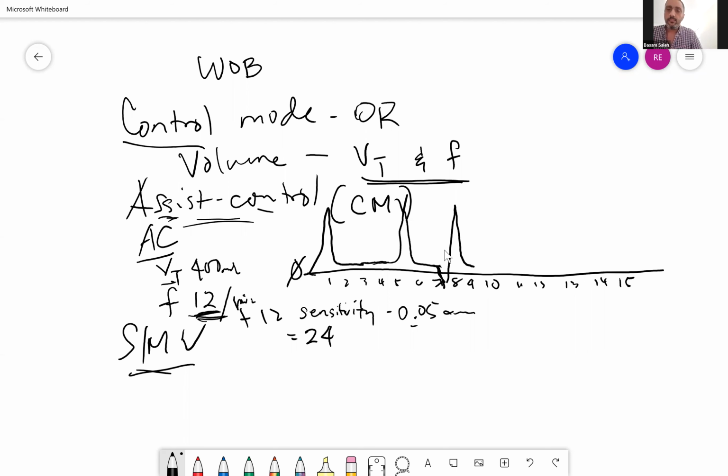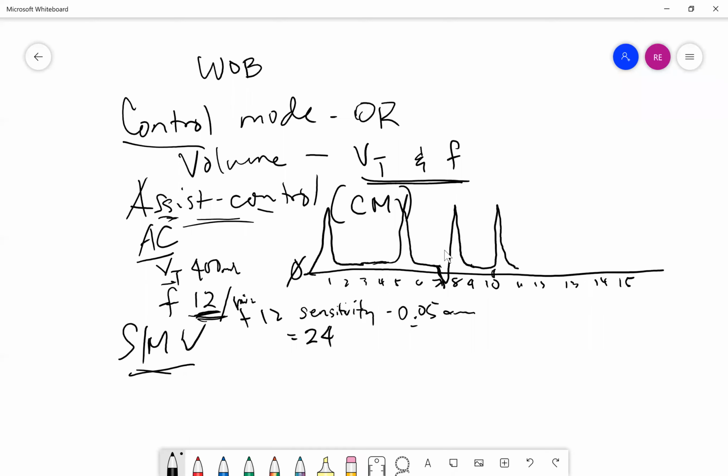Another disadvantage is that the patient has no idea when they'll get the vent breath and when they're taking a breath. There could be a possibility that, let's say here, they took a breath at around 7 seconds. And then it's time for the ventilator breath here, correct? So they'll get another breath here.